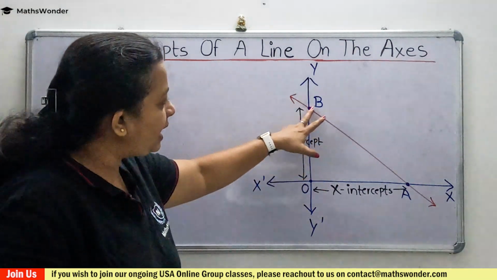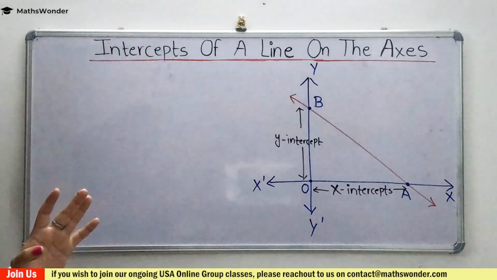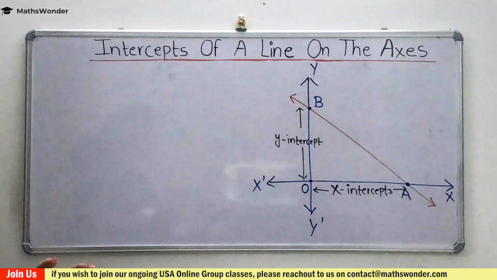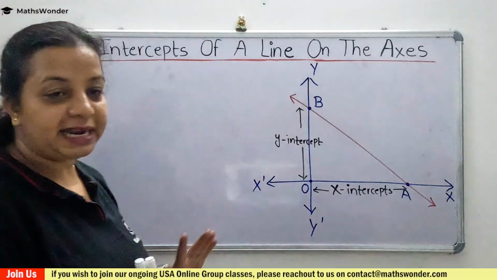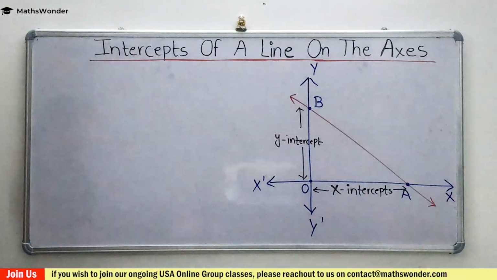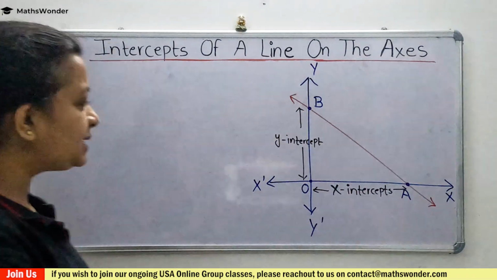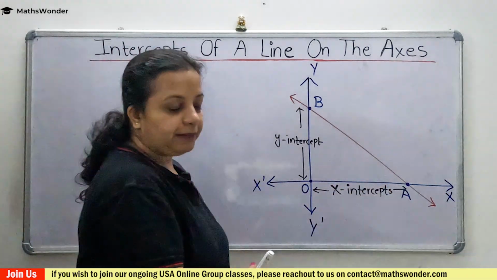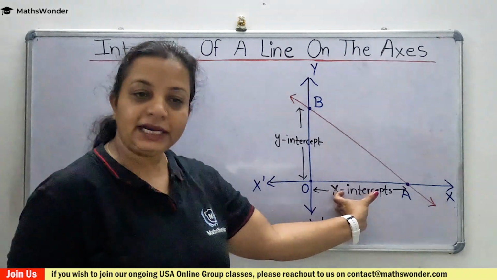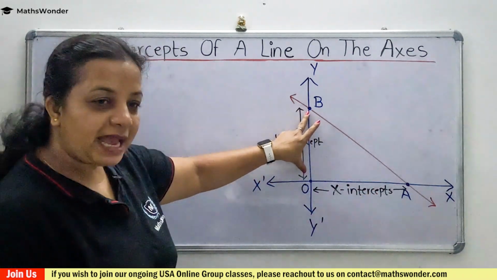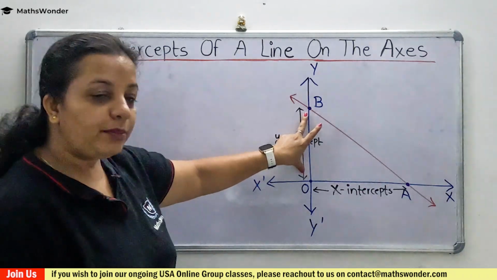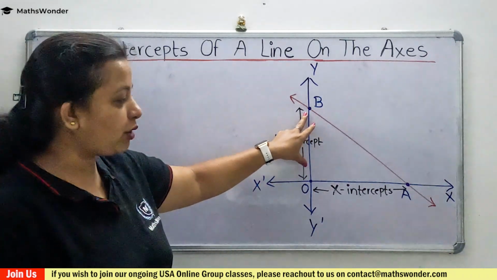Similarly, OB is positive or negative according as B lies on OY or OY dash. So this will depend on OX and OY. If OX is in the positive quadrant, we take it positive. OB is in the positive quadrant, so we'll take it positive.